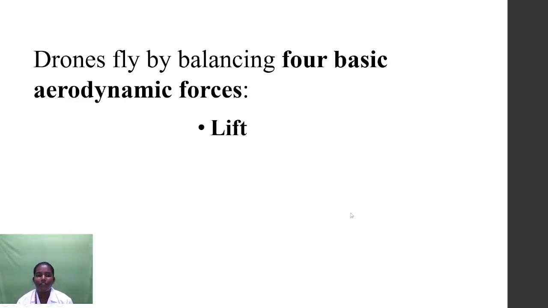First one, lift. Lift is the upward force produced by the rotating propellers. The drone has propellers, and when they rotate they create force, which is an upward force. Second, weight. The opposite force is weight. Weight is the downward force caused by gravity.